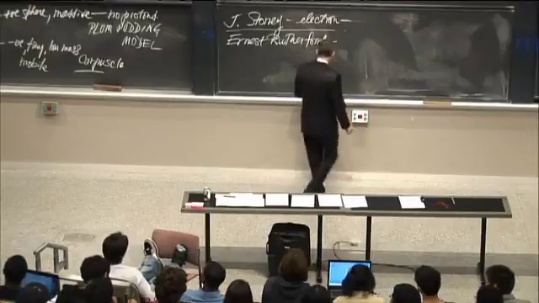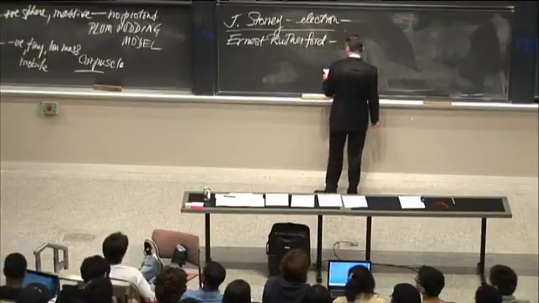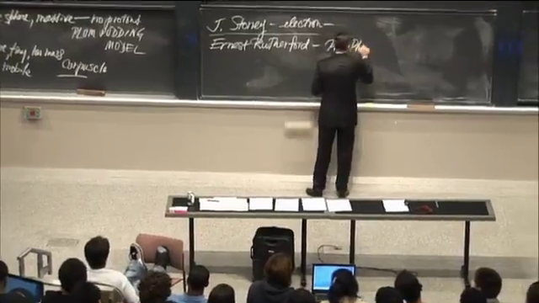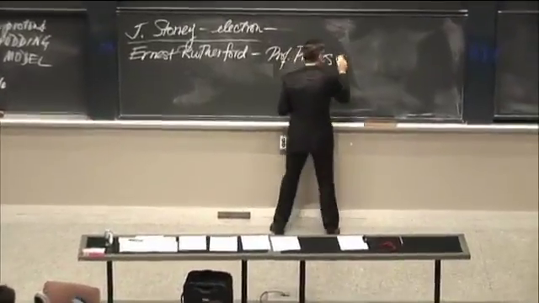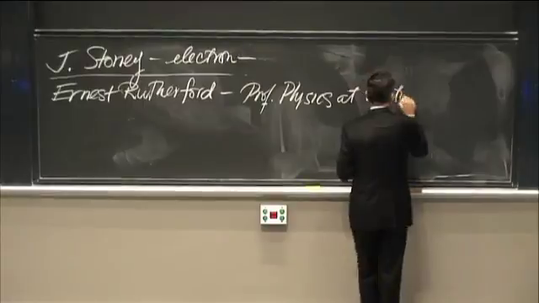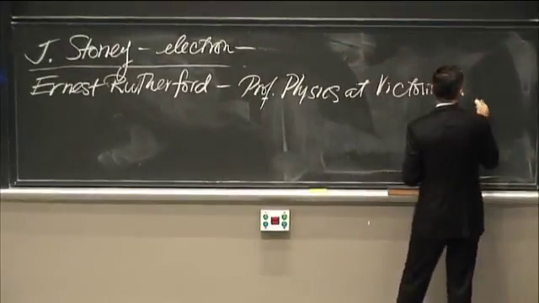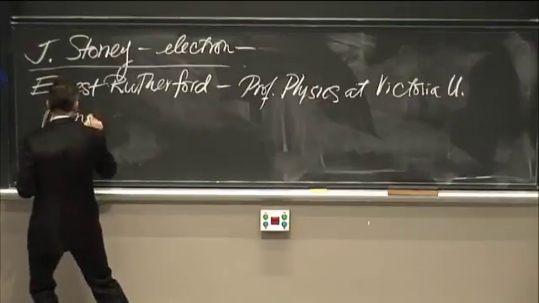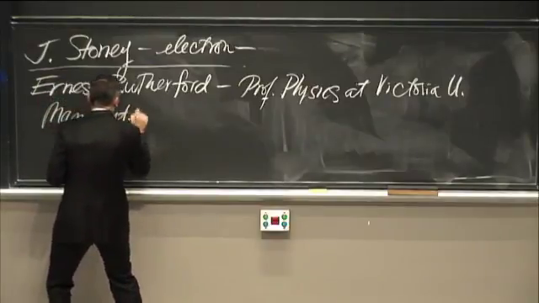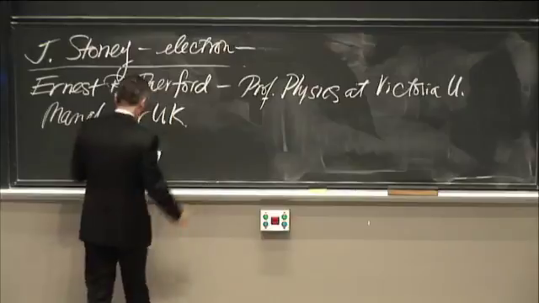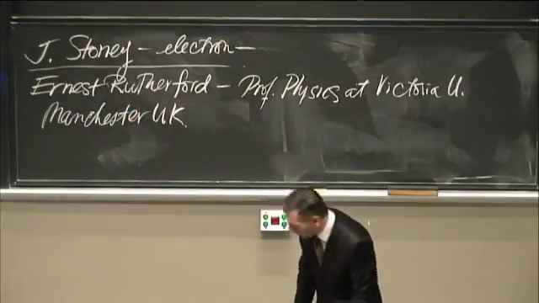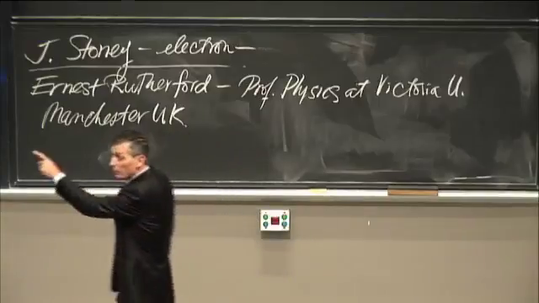And he did this experiment where he was a professor of physics at Victoria University in Manchester, UK. Now he came out of New Zealand, got a scholarship to study at Cambridge University.